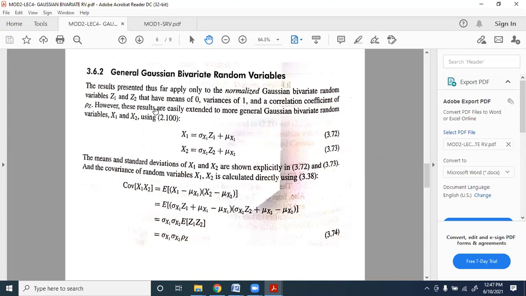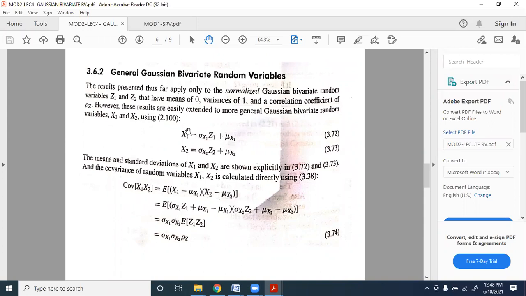However, if it is not normalized, or it is a more general case, then we write X1 as sigma X1 Z1 plus mu X1, and X2 is equal to sigma X2 Z2 plus mu X2.